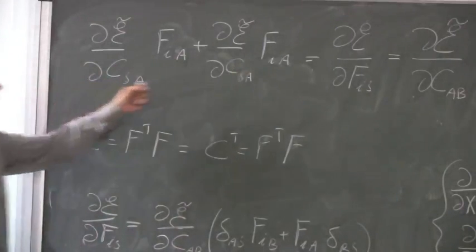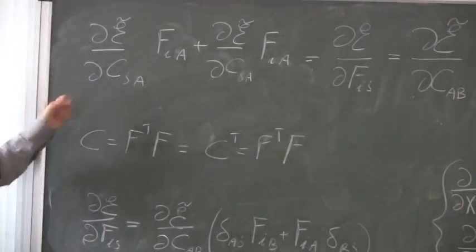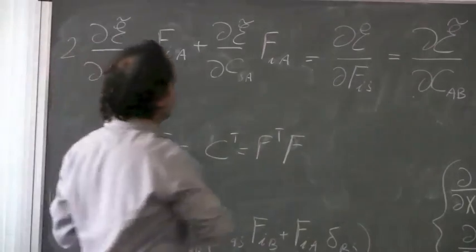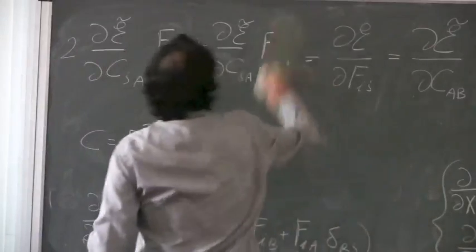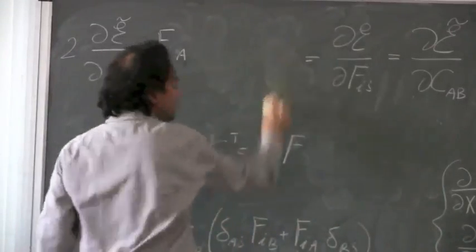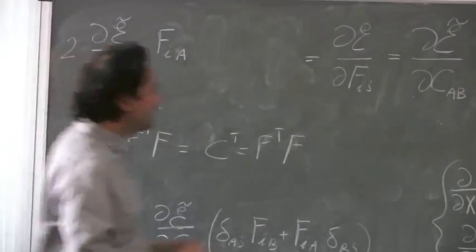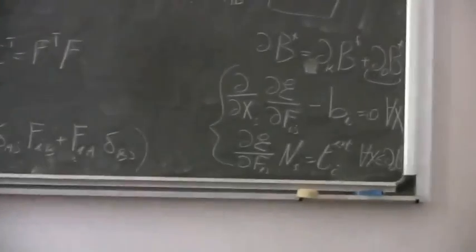And now you discover that these two terms are the same. So you can put 2 here and erase this part. It means that this part now can be changed accordingly to this.